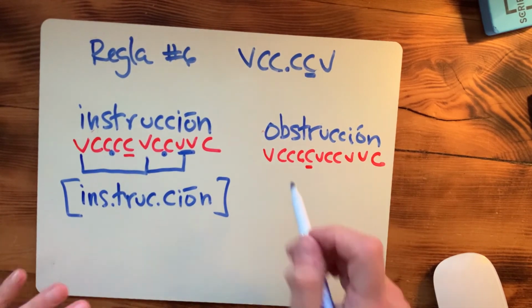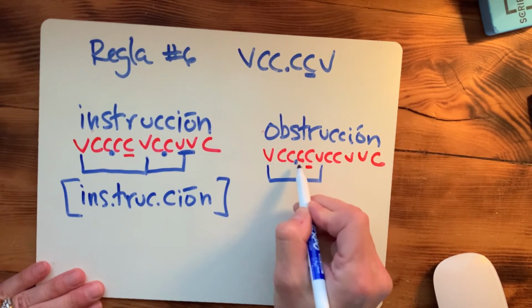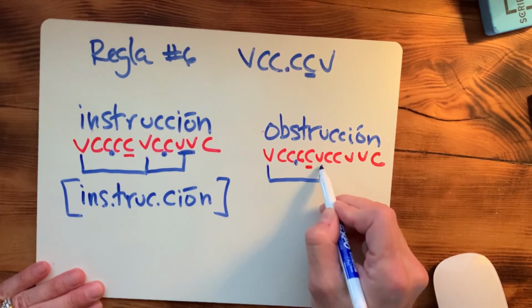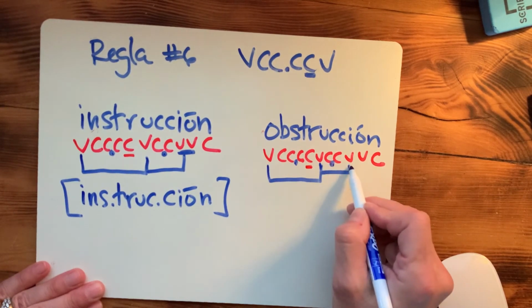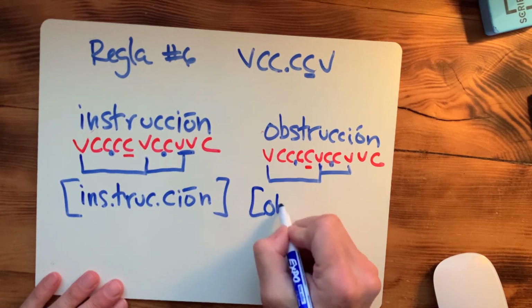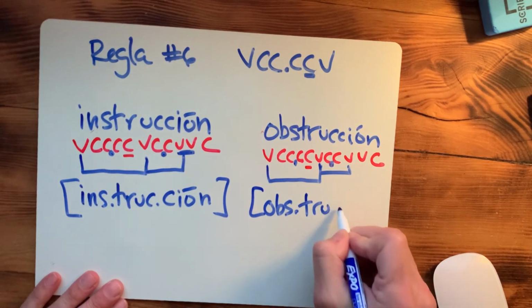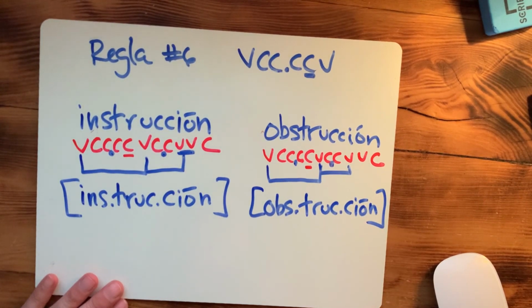Now I can do my analysis of vowel to vowel, rule number 6. I'm going to divide the 4 consonants right in half. This is rule number 3 again, and everything else stays the same. And we have transcribed now up to rule number 6.